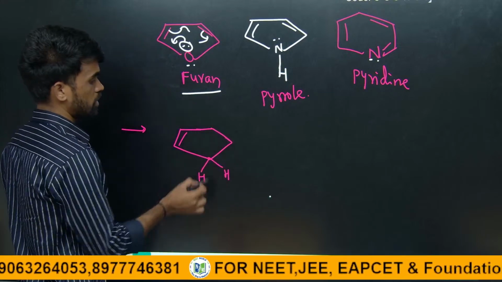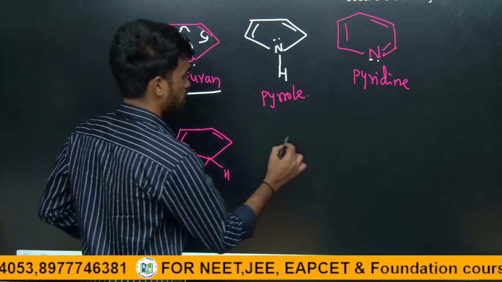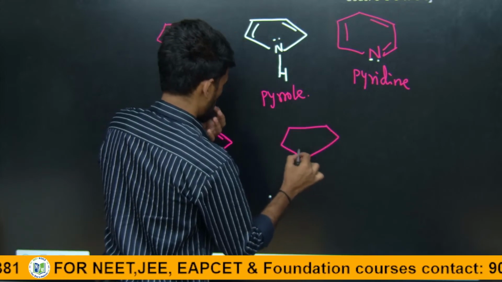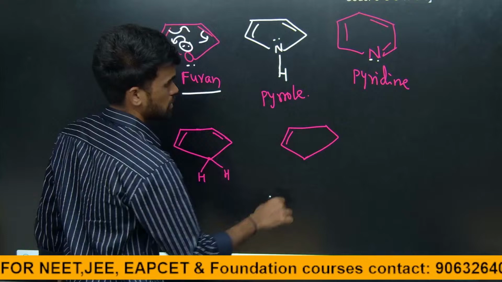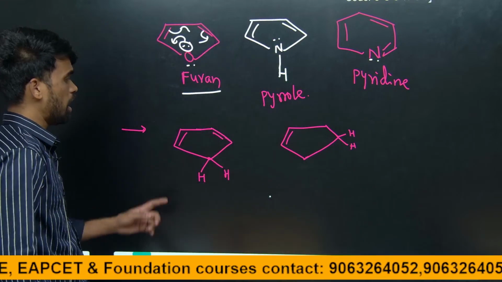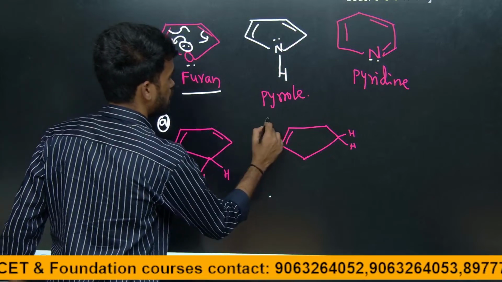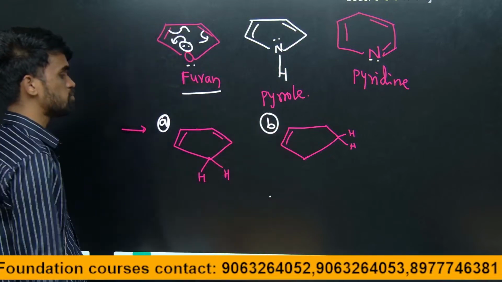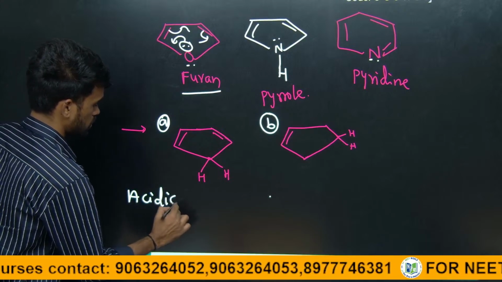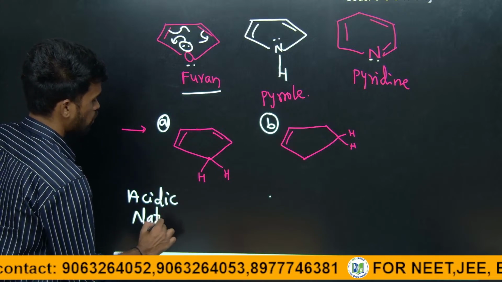This compound is given like this, and one more compound is given like this, just by mentioning some hydrogens. Let us say this is A and B. Out of these two, which is more acidic in nature? If they ask about acidic nature, how can we do this?